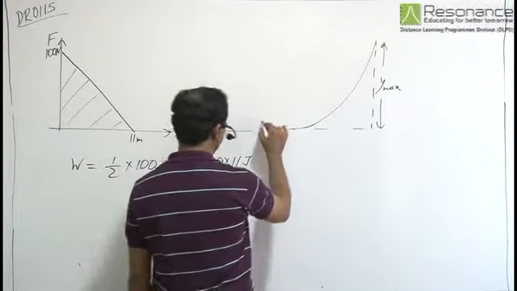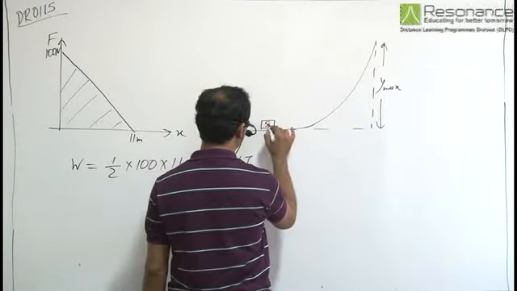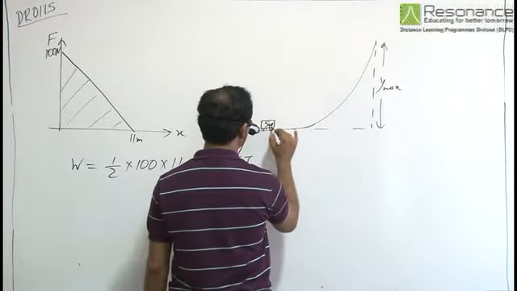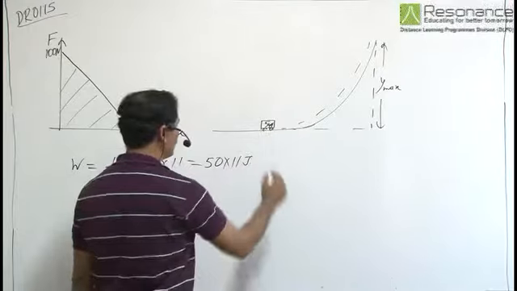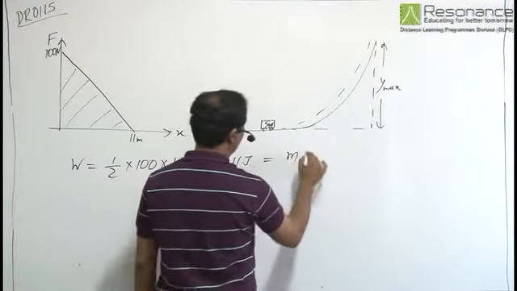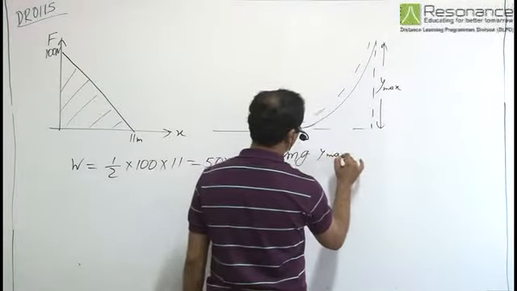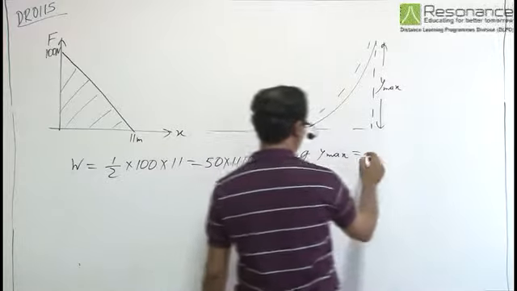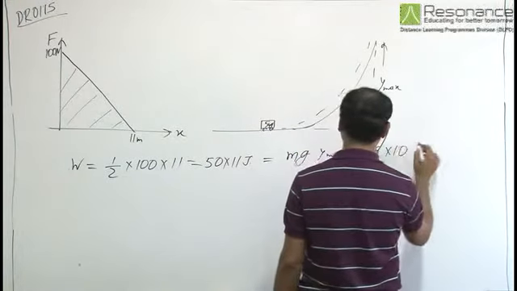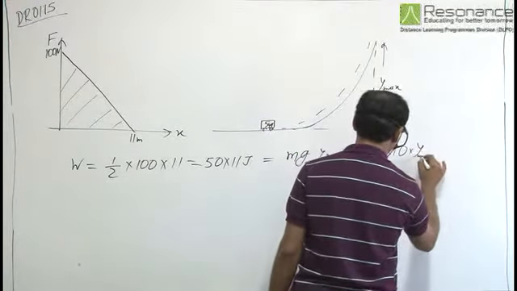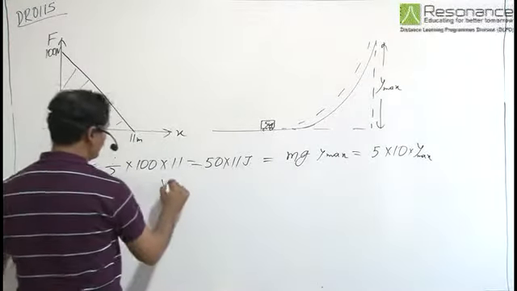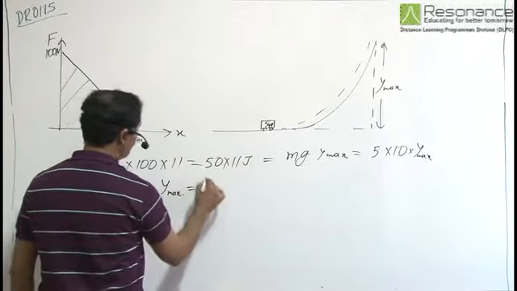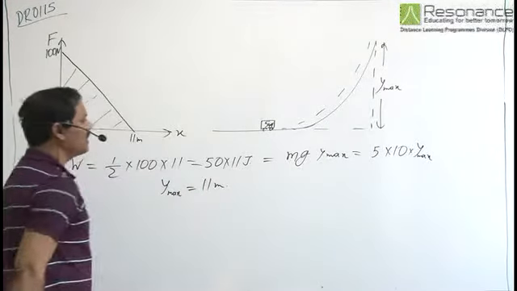Because of it, the toy car of mass 5 kg is moved up along the incline by y max, that is equal to mg into y max. Mass is given to be 5, so 5 into 10 into y max. Solving this equation, we get y maximum to be equal to 11 meter.